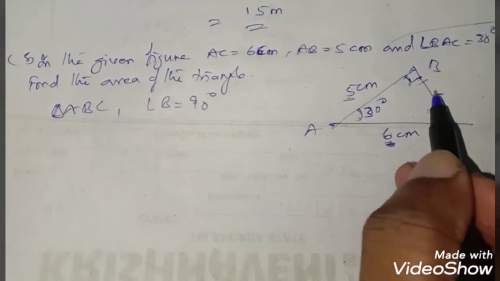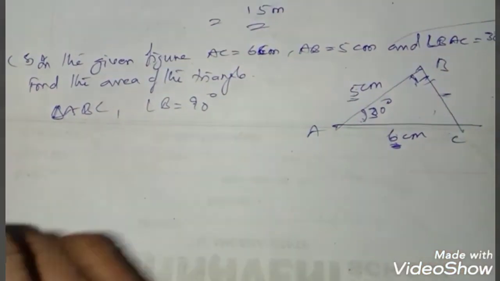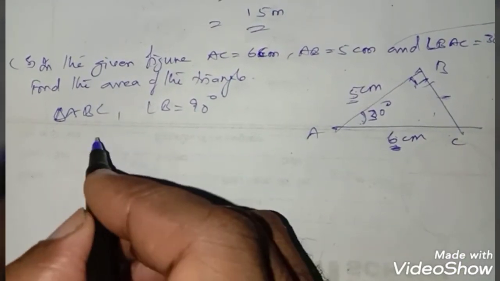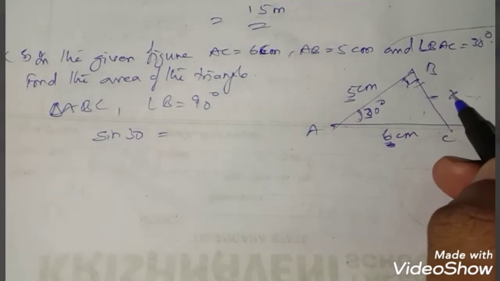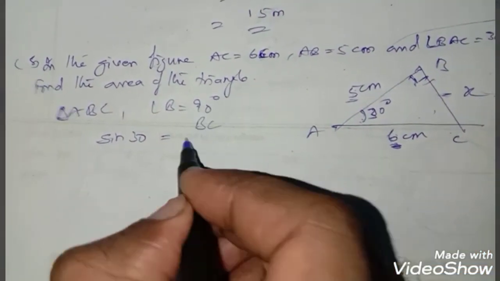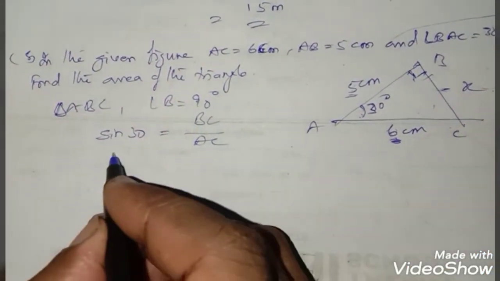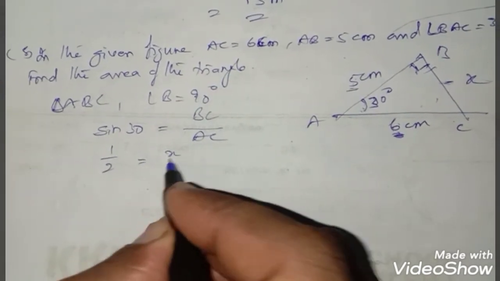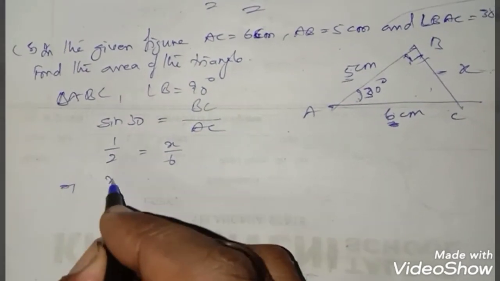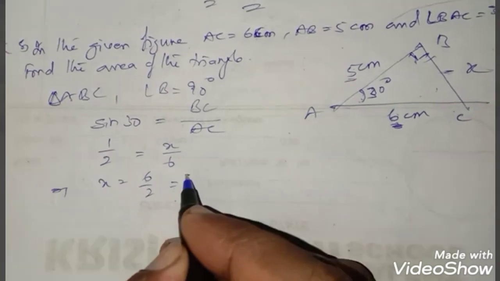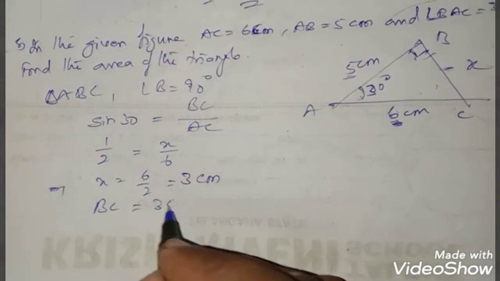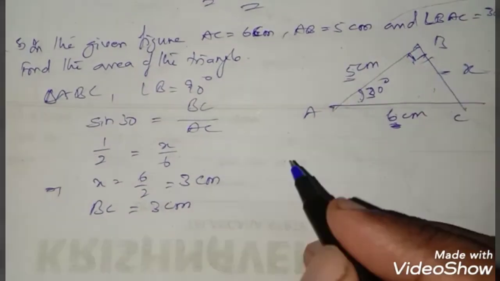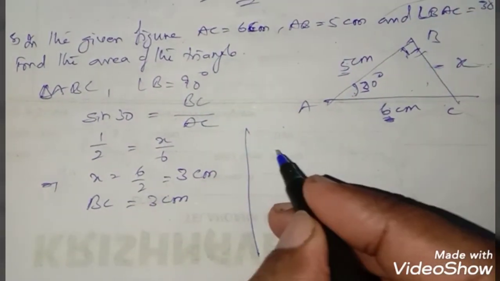Opposite and hypotenuse will come in sine, that is sine 30 is equal to the opposite value, which we don't know and denote as x, that is BC, by AC. Sine 30 value is 1 by 2, equal to x by 6. If I cross multiply, x is equal to 6 by 2, that is 3 centimeters, which means BC length is equal to 3 centimeters. After finding the length of BC, we have to find the area of the triangle.